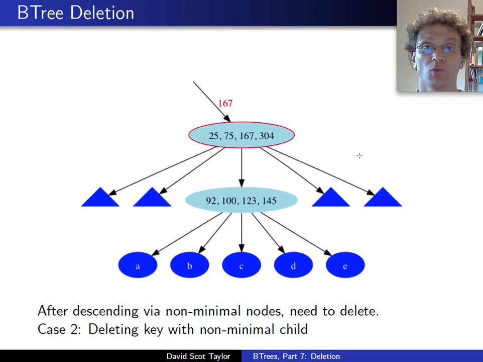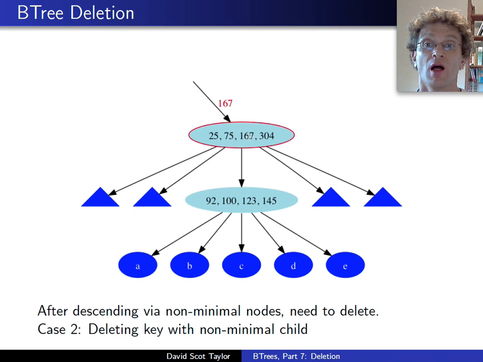What happens next? Next I imagine I'm deleting 167 from this inner node, and one of 167's two direct descendant keys, the one that's directly less than 167 but bigger than 75, or the one that's greater than 167 but less than 304, one of those two roots has a non-minimal sized node, okay?